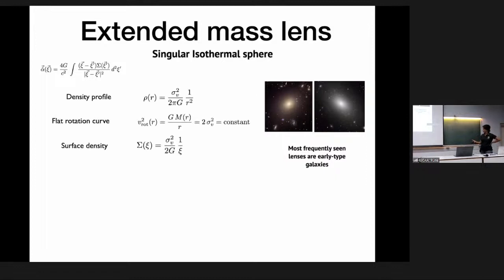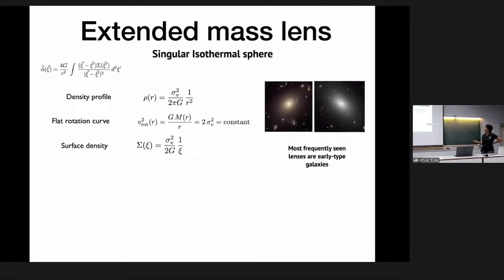Now, what happens for these kinds of galaxies is that we can assume a model called the singular isothermal sphere. In this case, the density profile is given by 1 over r squared, and the surface density becomes 1 over xi, where xi is the impact parameter. This isothermal assumption indicates that the rotation curves are flat, so the velocity is basically constant.